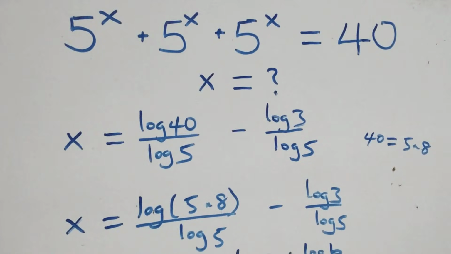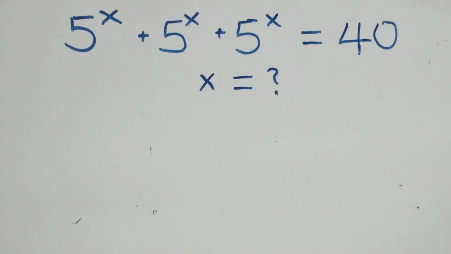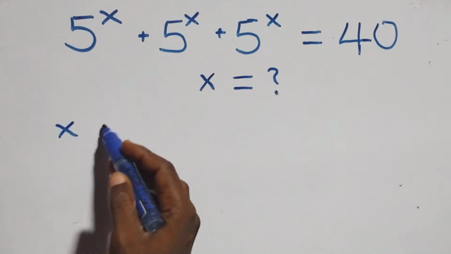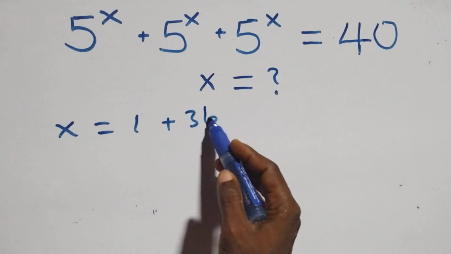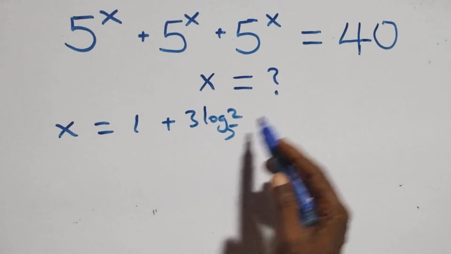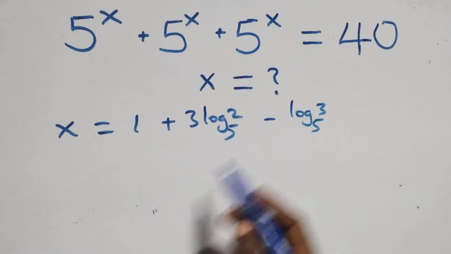Then let's check here if this satisfies this given problem. That is, we substitute the value of x here, which is x equals to 1 plus 3 log 2 base 5 minus log 3 base 5.